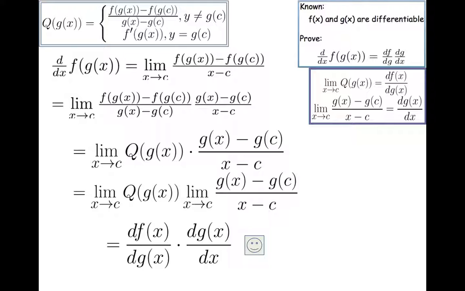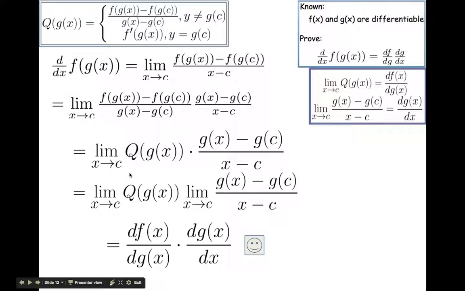And we're done. So one thing just to make sure: how do we know that this derivative of f with respect to g is justified here when g of x is equal to g of c? Well, here's one thing we know.